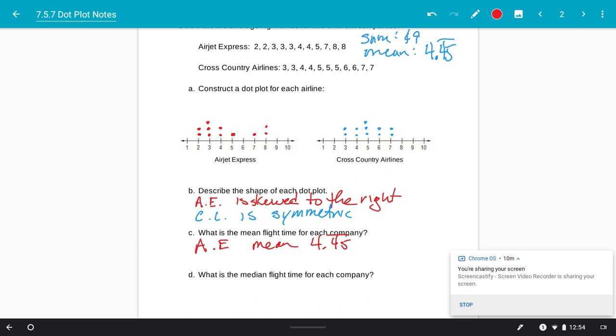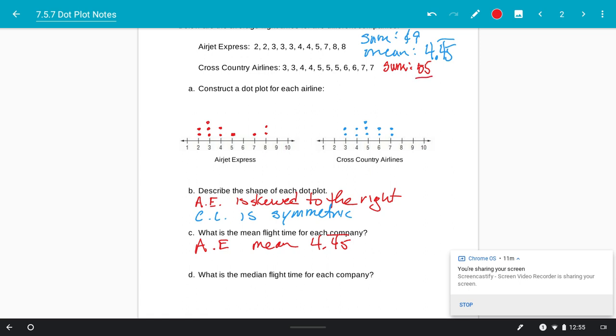Okay, next we're going to do the average for cross-country airlines. So I'm going to add up 3 plus 3 plus 4 plus 4 plus 5 plus 5 plus 5 plus 6 plus 6 plus 7 plus 7. And so here we get a sum of 55, and we have 1, 2, 3, 4, 5, 6, 7, 8, 9, 10, 11 as well.